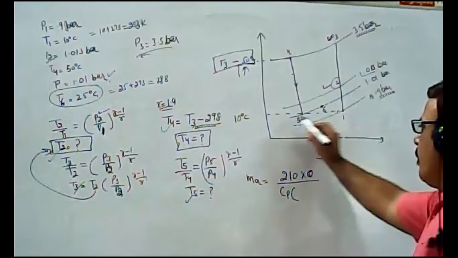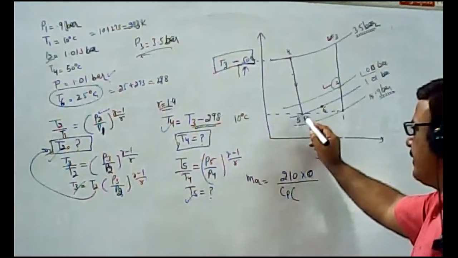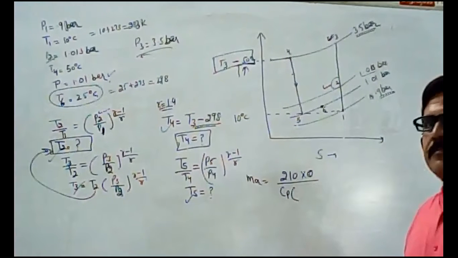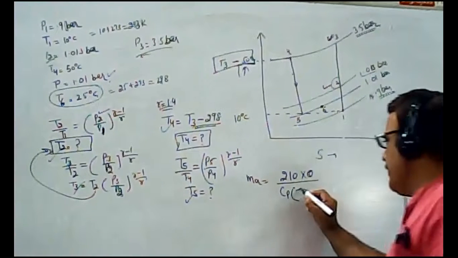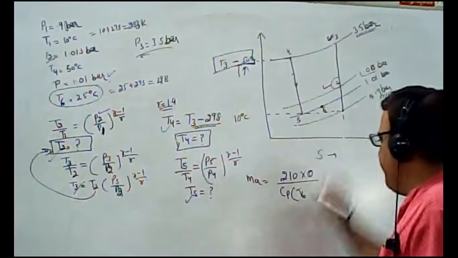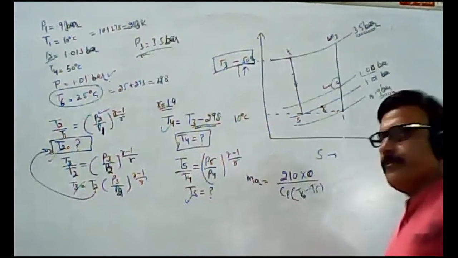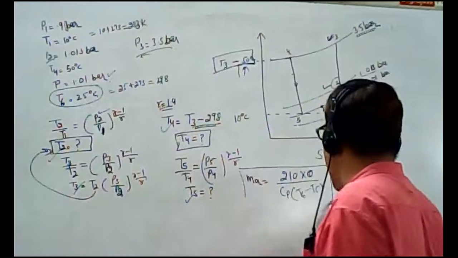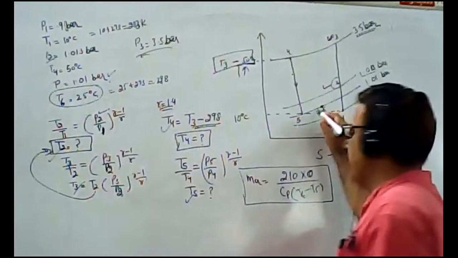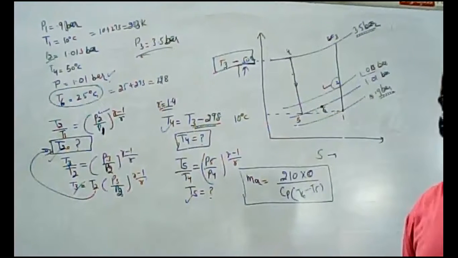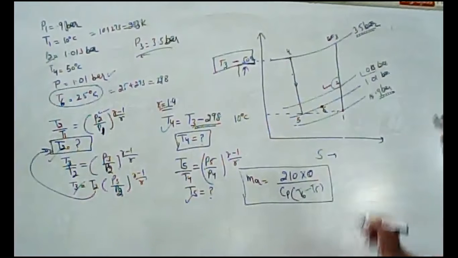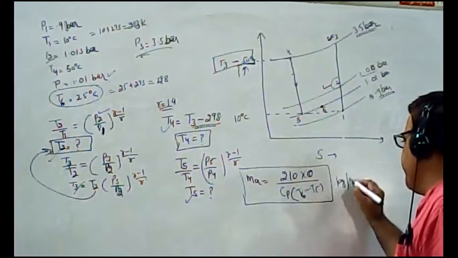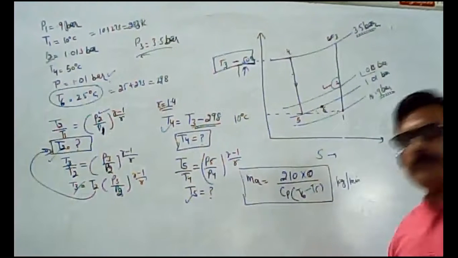Look at here, the air is passing through this refrigeration system, so T6 minus T5. Okay. So this will be the value of mass of air that will be passing through your refrigeration system, in kilogram per minute.